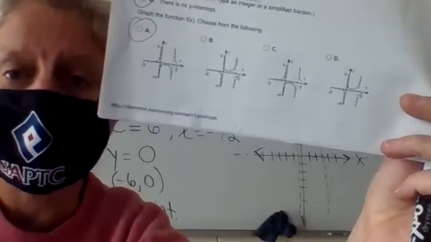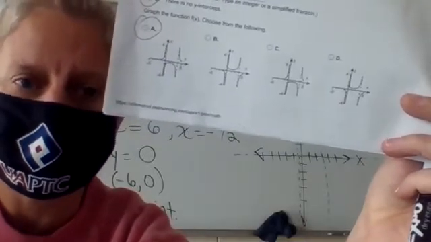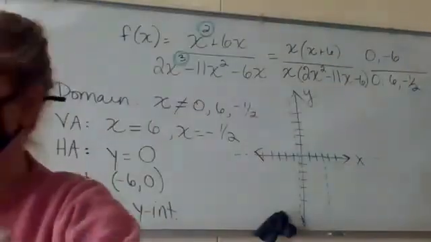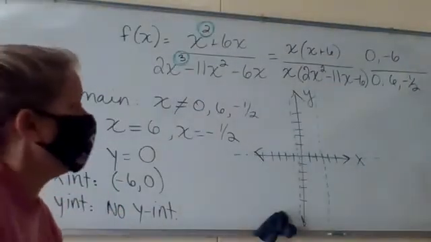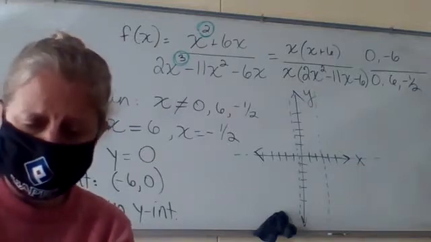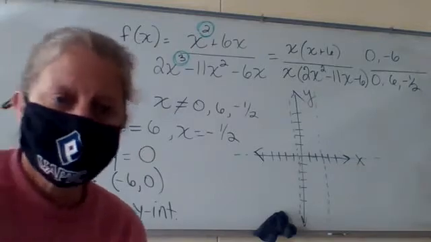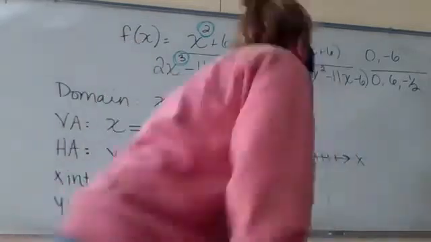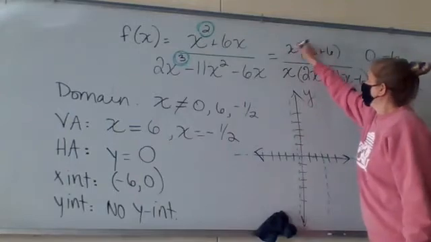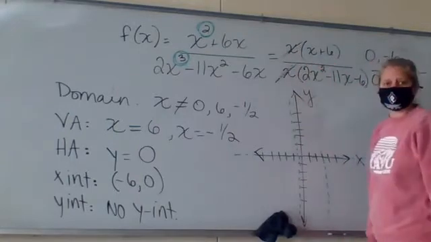So I think, well, I have a graphing calculator. Why don't I just put this in my calculator and at least try to narrow it down some more? Here's what I want to make sure you know before you put it in your graphing calculator: once you put it in factored form, look at these x's. This x cancels that one.